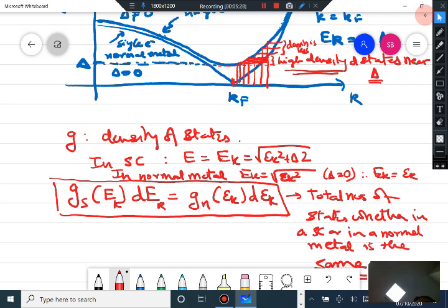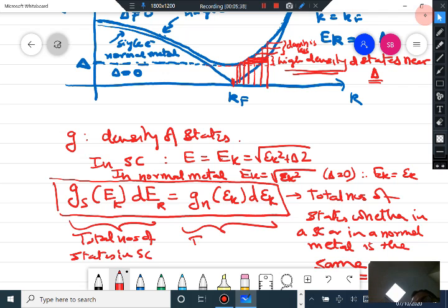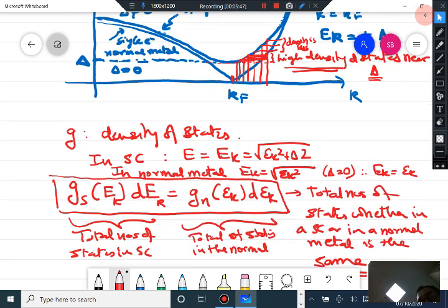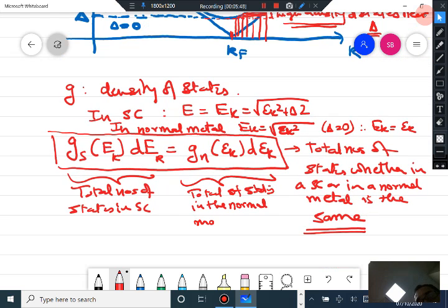But the total number of states in the superconductor and the total number of states in the normal metal are going to be exactly identical.